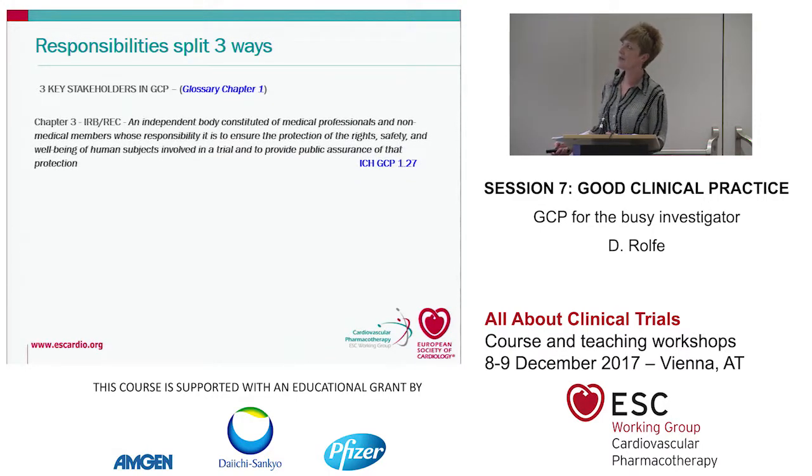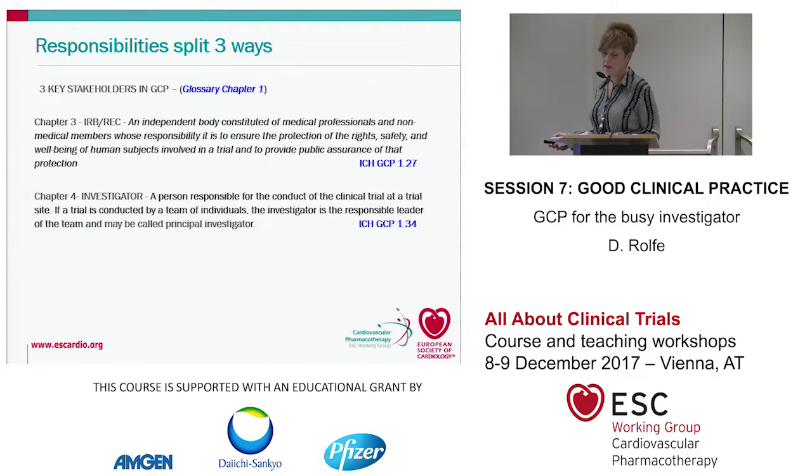Chapter 3 of the GCP guidelines concerns the Research Ethics Committee, or the Review Board. It's an independent body constituted of medical professionals and non-medical members, whose responsibility it is to ensure the protection of the rights, safety and well-being of human subjects involved in a trial and to provide public assurance of that protection.